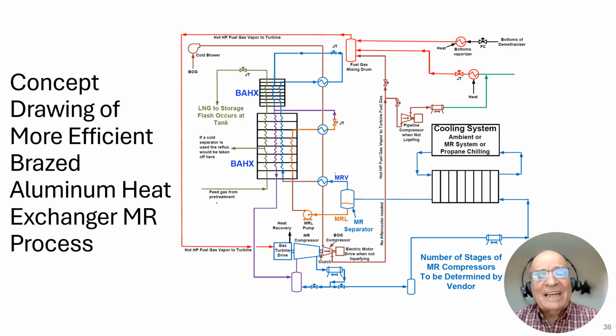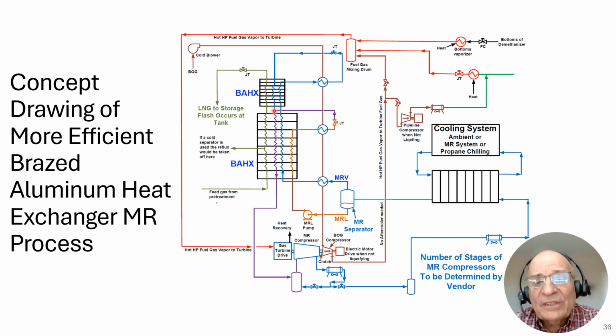By this point, its composition has significantly changed. Instead of it being in vapor, in liquid form, being high in methane and nitrogen, now it's lost a lot of its methane and nitrogen, and it's at about the same composition in liquid form as the MRL, which has just been flashed across that JT valve.